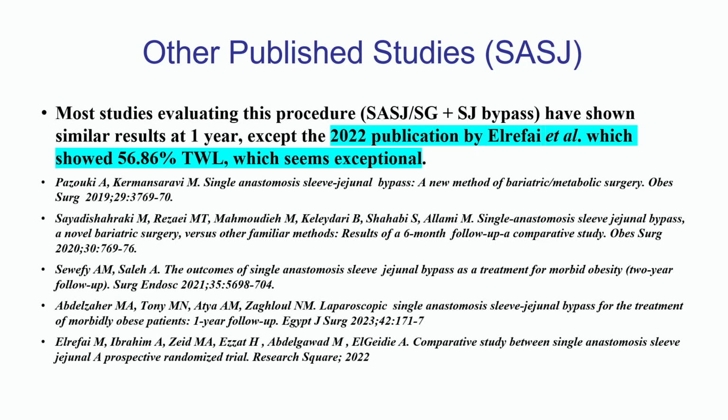In some of the other published data, they've shown 1-year results which were comparable, except this one publication from El Rafai which showed 56% total weight loss, which seemed exceptional.